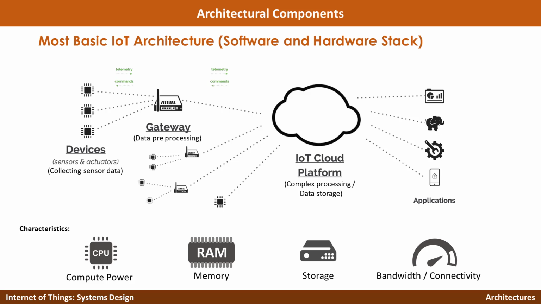Because this is a very simplistic diagram, the actual IoT systems could be quite large and heterogeneous. There are many data communications happening, so for each of these data communications you need to separately analyze and understand what kind of requirements each of these devices and gateways needs to meet.